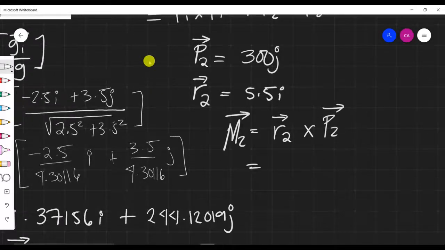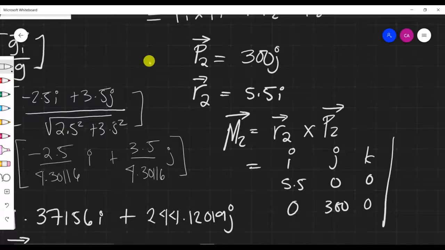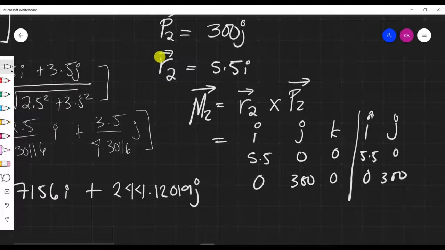Kalalabasan yan is una I 5.5, 0, J 0, 300, K 0, 0, then I 0, 0, 5.5, 0, then J 0, 300. Okay, so 0, basically 0.